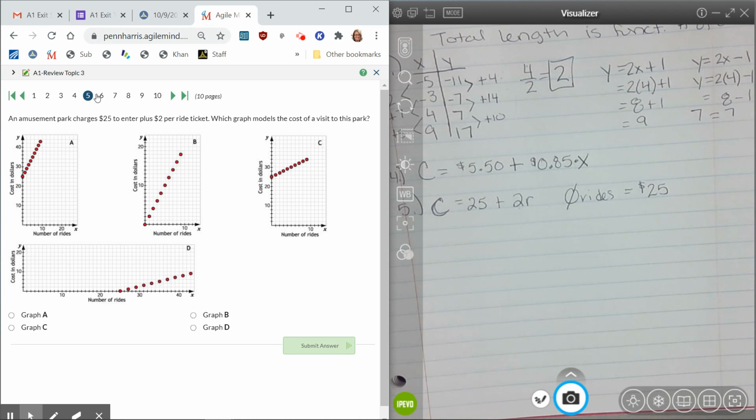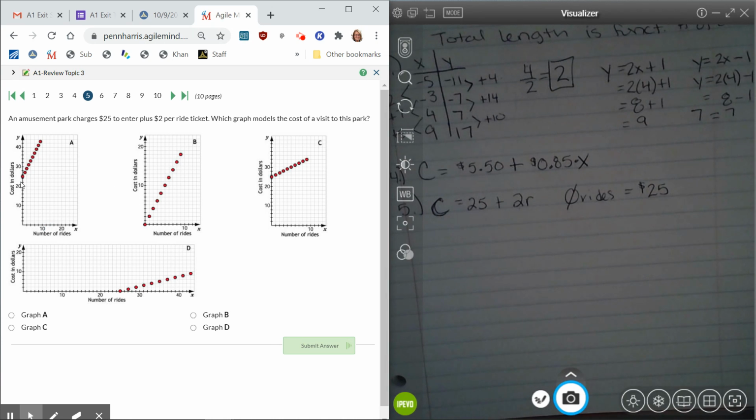So I need to go to the graph that shows me that my starting cost is going to be $25. So we're looking at graph A and graph C. Okay. So now we need to determine $2 per ride. So here, because we have a 10 in both of these, let's go ahead and see what this $10 gets us.